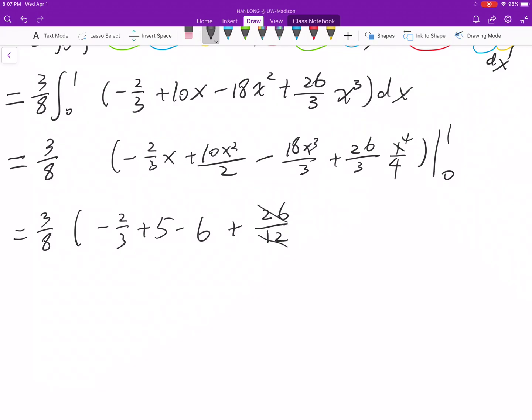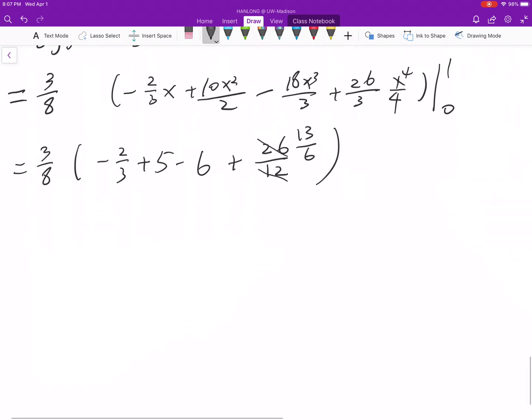So it should be 13 over 6. Okay, then you have 3, 8. Finally, you will have minus 1 minus, here you have minus 5/3, and then equals minus 10/6.